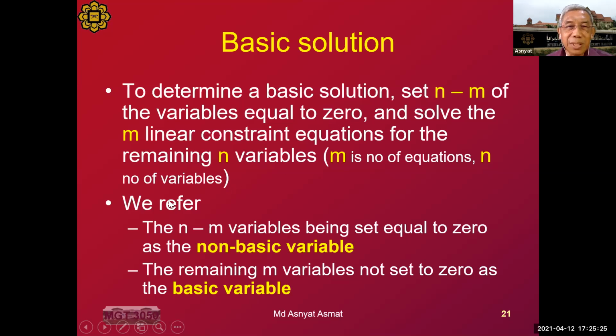Again, I repeat, the n minus m variables set equal to 0 are non-basic variables. I will repeat this word over and over. The remaining m variables that we didn't set to 0 are basic variables. Take note: non-basic variable, basic variable.